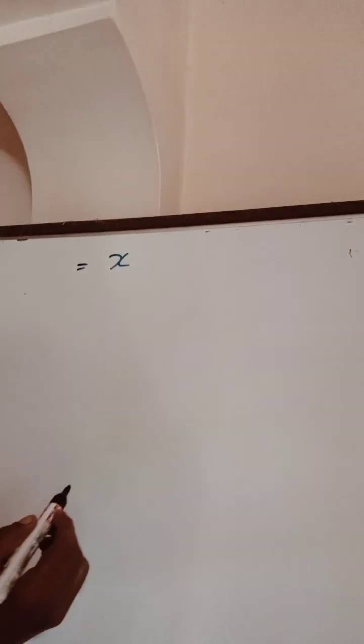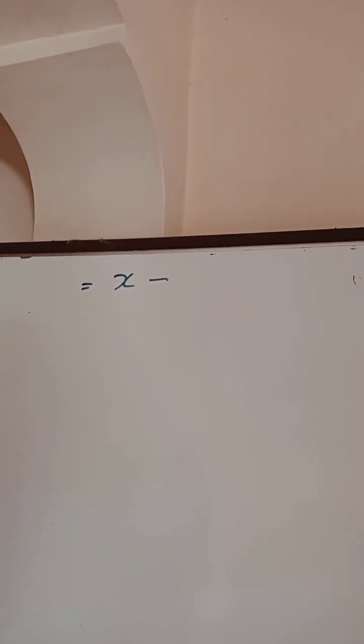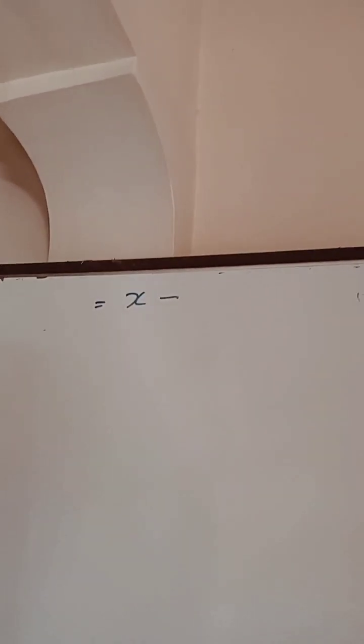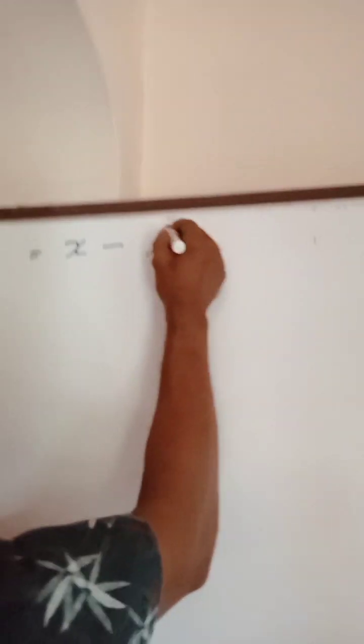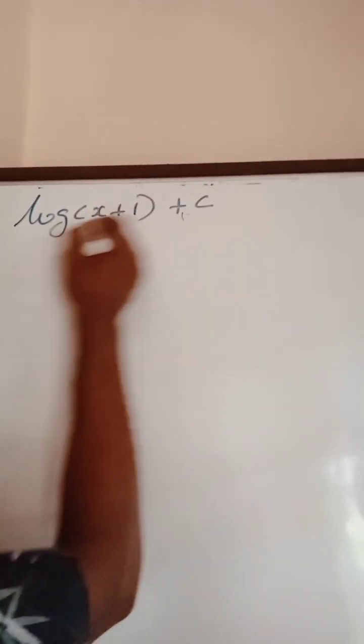That is equal to x minus the integration of 1 by x plus 1. Here the denominator is x plus 1. The derivative of the denominator is 1. Therefore, the numerator is the exact derivative of the denominator. So, we can write the integration of 1 by x plus 1 as log of x plus 1 plus c.